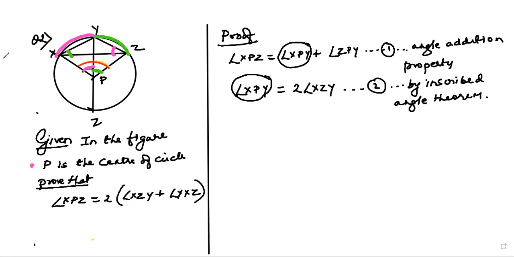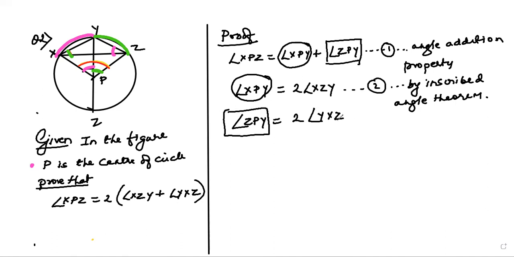So naturally, children, because of the theorem you learned, this angle ZPY is twice angle YXZ. I put it in a rectangular box: ZPY is twice angle YXZ, call it 3.